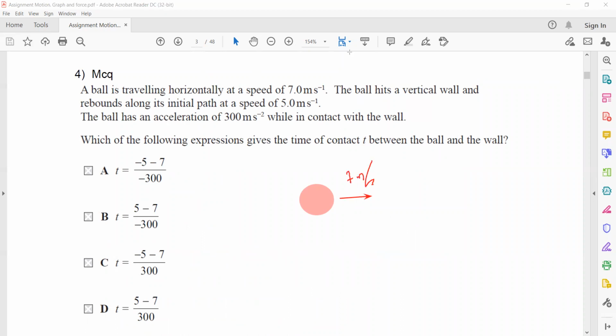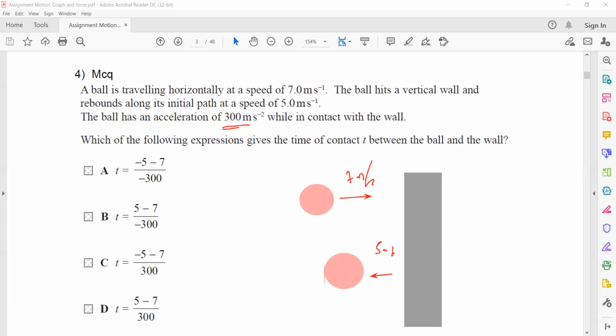It hits the vertical wall and bounces back with a speed of 5 meters per second, and the ball has an acceleration of 300 meters per second squared. So acceleration is given. Which of the following expressions would give us the time interval?